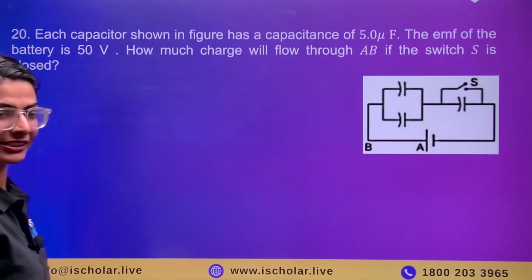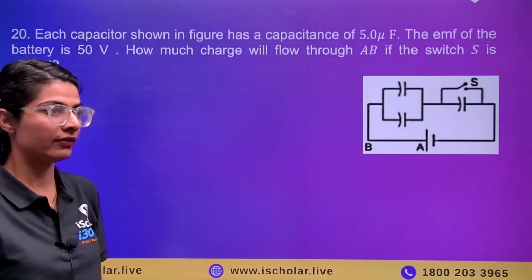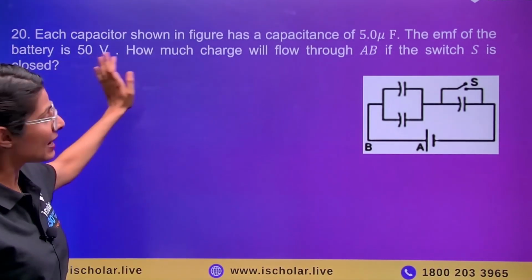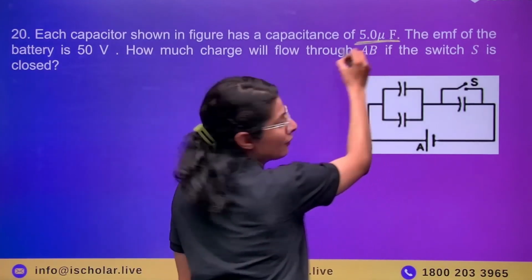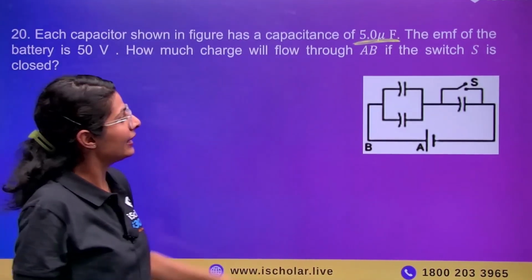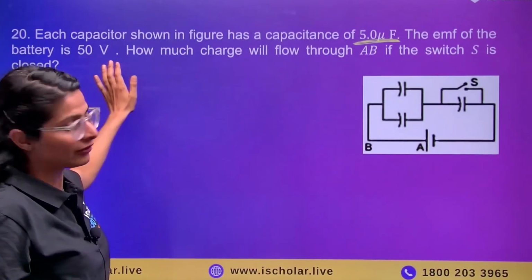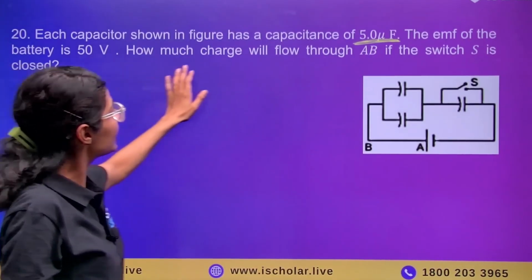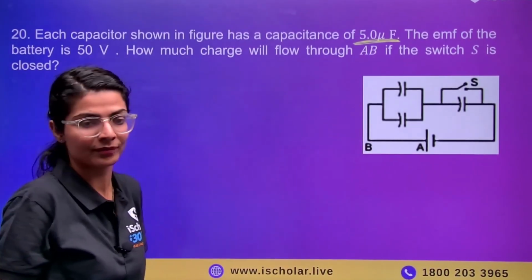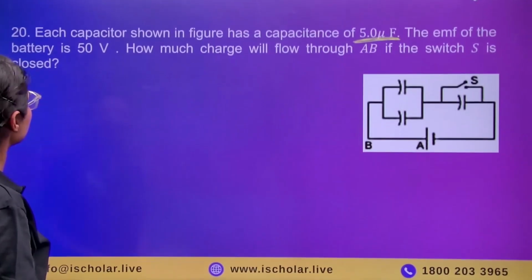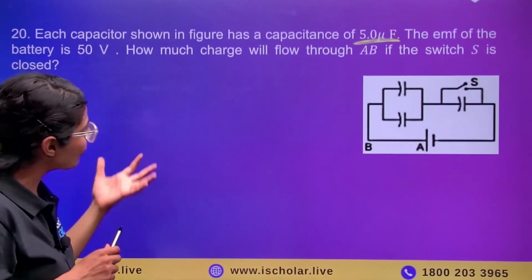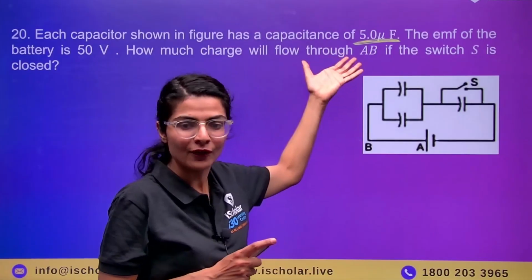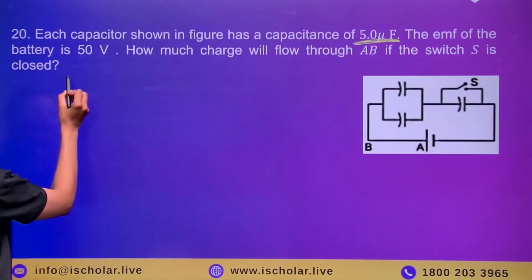Coming to the last question, each capacitor shown has a capacitance of 5 microfarad. The EMF of the battery is 50 volt. How much charge will flow from A to B? If the switch is closed, first of all, to calculate how much charge will flow, we'll calculate the initial charge.